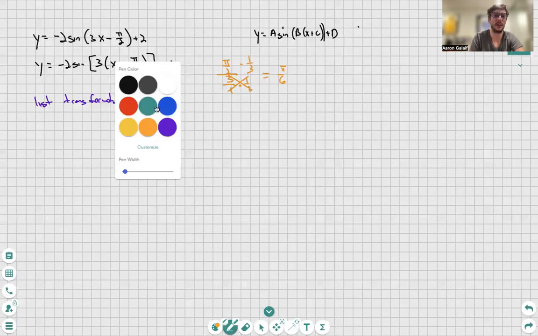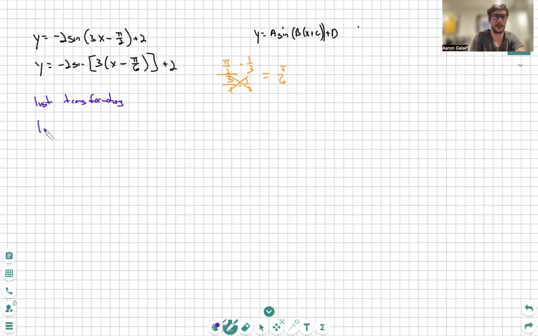Okay, now we're going to list transformations. The first transformation we look at is this guy right in front. This is a horizontal stretch or shrink, and this is a shrink. So when our b in this situation is greater than 1, the absolute value of b is greater than 1, we have a shrink.